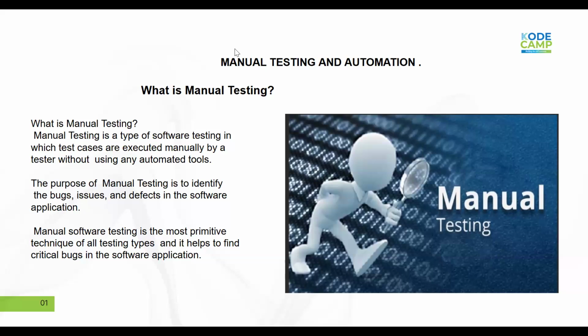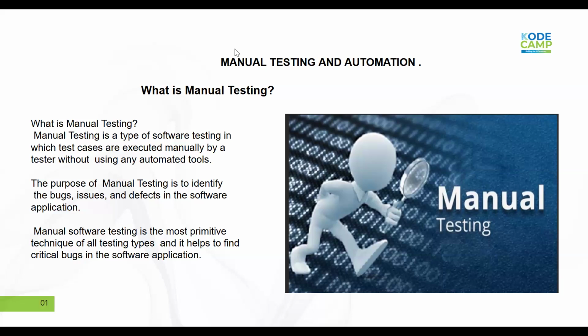The purpose of manual testing is to identify bugs, issues, and defects in the application. The purpose of manual testing or automation testing per se is just for us to identify bugs. When you are testing, you see this thing is not working, this one is working. Defects are anything that is not functioning the way it's supposed to function in the software application. That is why we carry out manual testing.